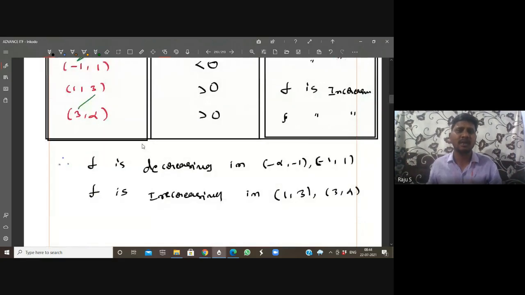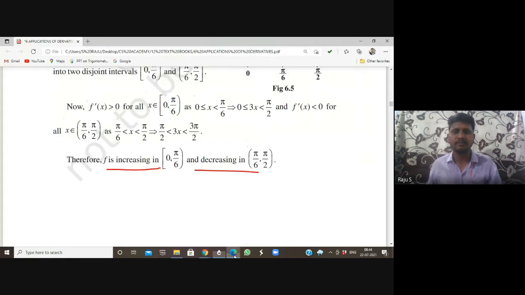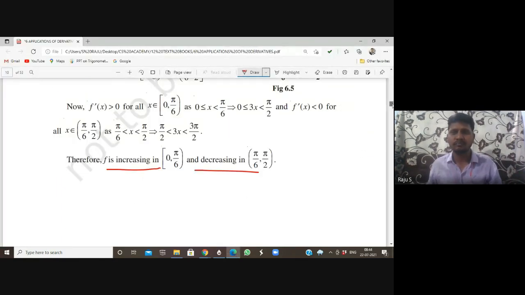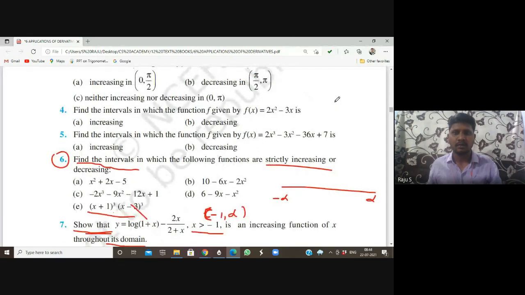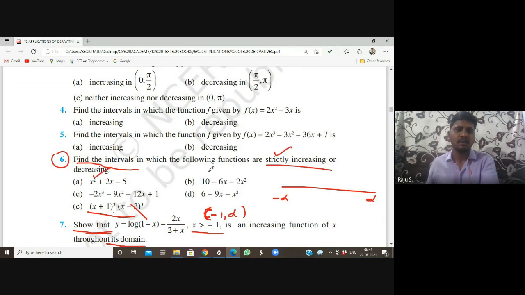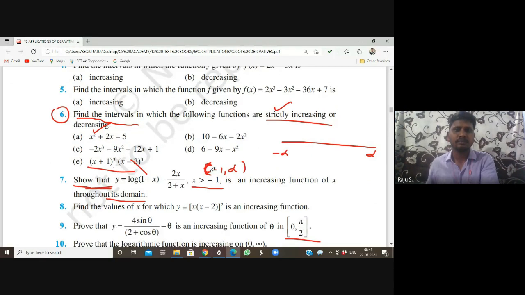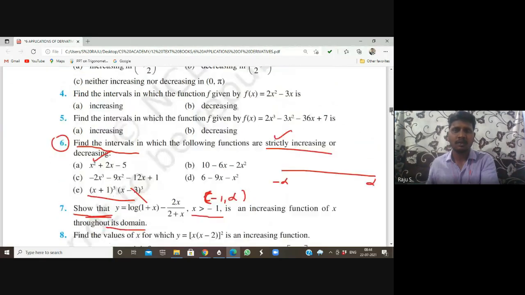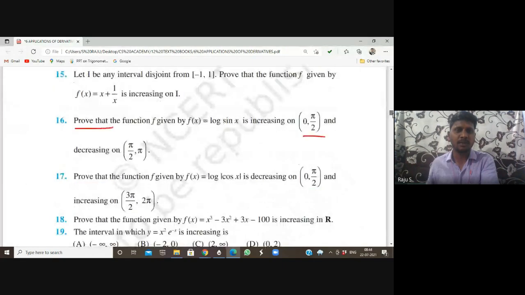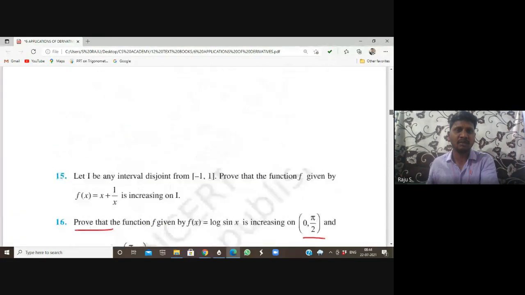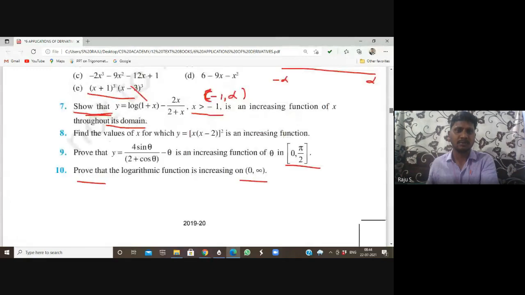You can simply write down here strictly decreasing, strictly increasing, because in the question they are asking strictly increasing, strictly decreasing, right? Is it clear, students? Till the end of the problem, in all the questions till question number 19, we can follow the same steps.